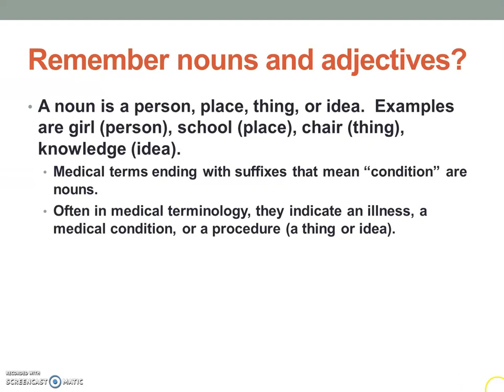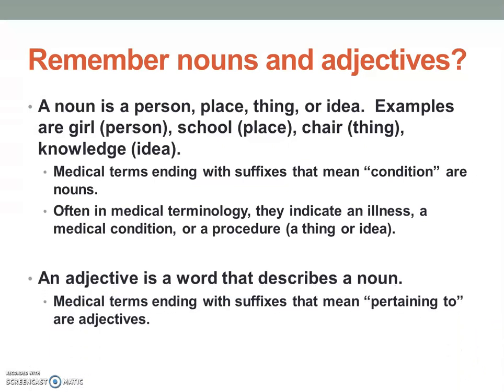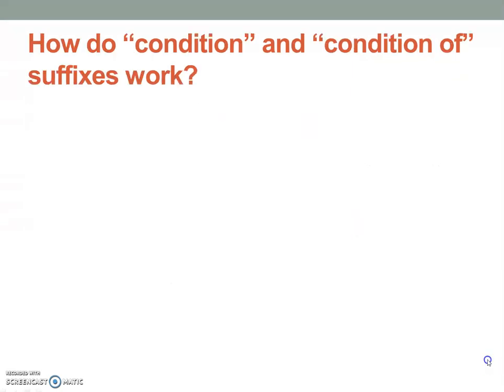Often in medical terminology, they indicate an illness, a medical condition, or a procedure, since those are things or ideas. An adjective is a word that describes a noun. Medical terms ending in suffixes that mean pertaining to are adjectives, and we'll give some examples later.